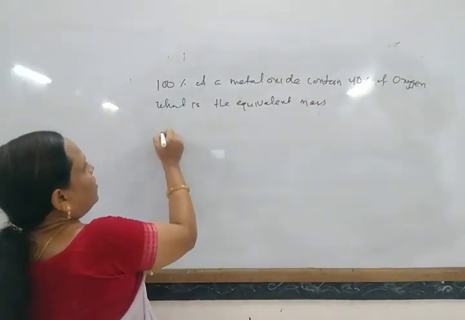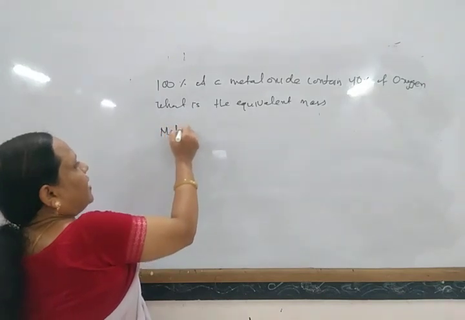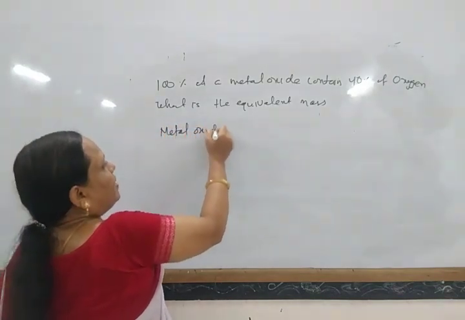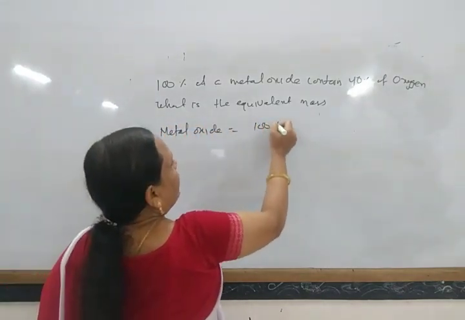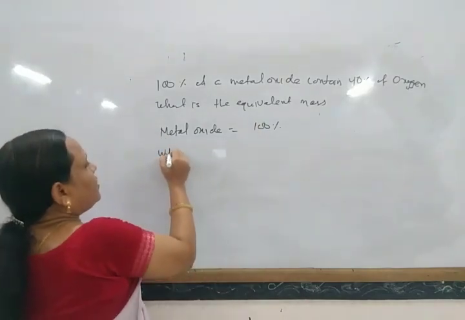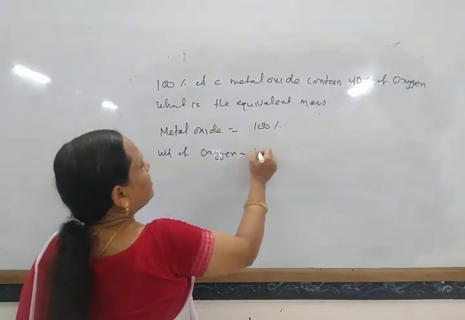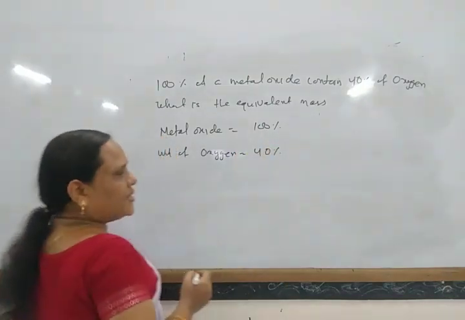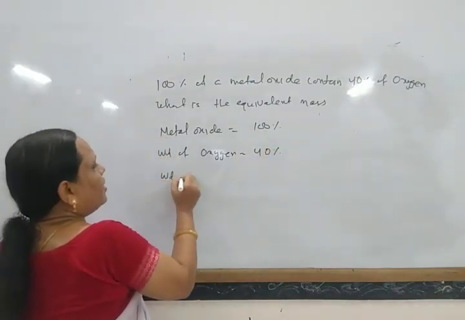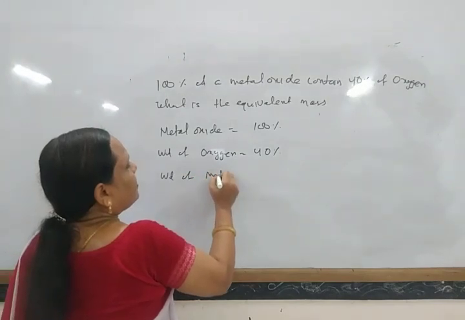Look here. So metal oxide is equal to 100%. Then the weight of oxygen, how much? That is 40%. Then what is the weight of metal?